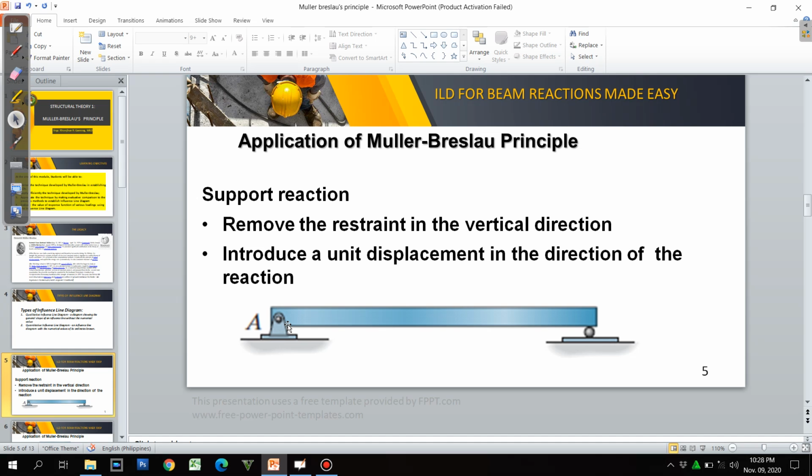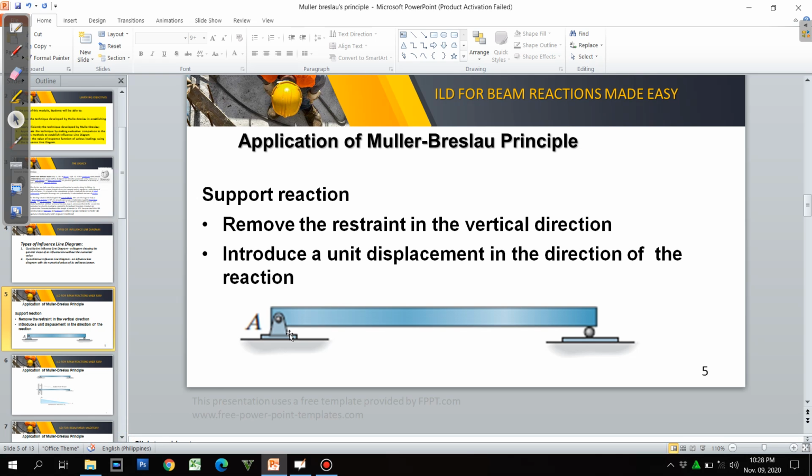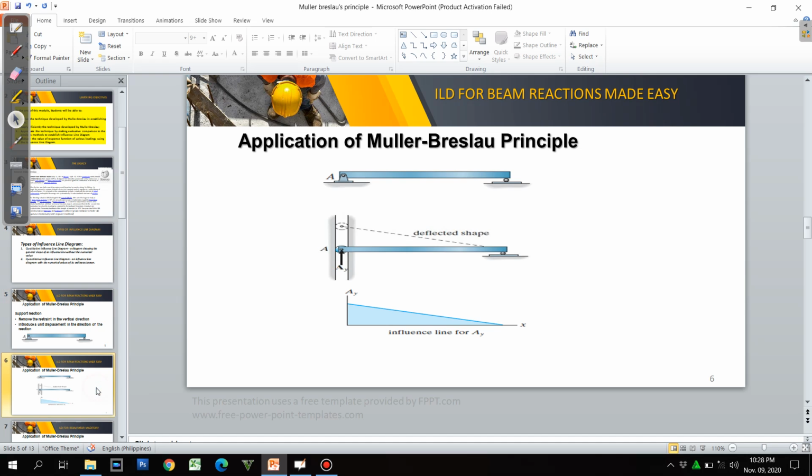If we are concerned with the reaction or the ILD for reaction at A, all we need is to remove this one and replace it by a reaction that is free to move vertically, but it is restrained horizontally. So if we do that, we will be having a roller that is free to move downwards and upwards. We can see here in the figure.